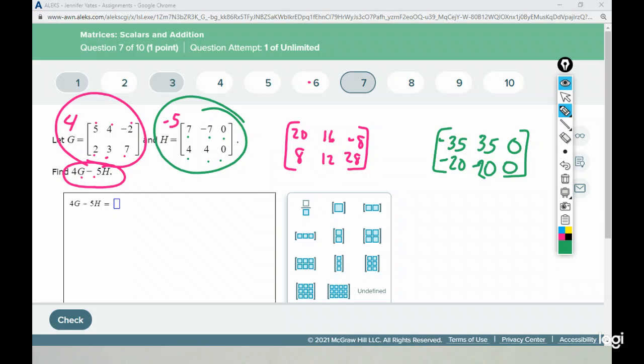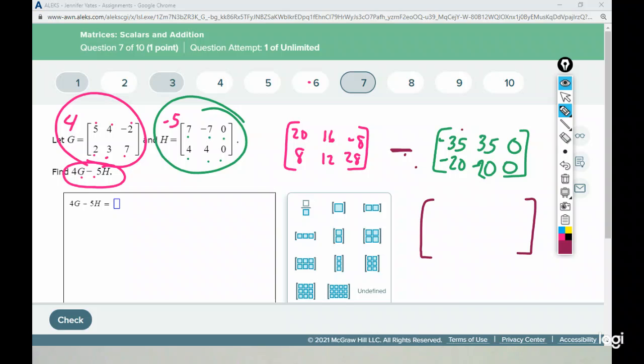All right, I've done a lot of work, but I'm not done yet, right? Now I've got to subtract them. What do you think is going to happen to every sign that follows that negative? It changes, right? So now I've got 20 minus a negative 35.